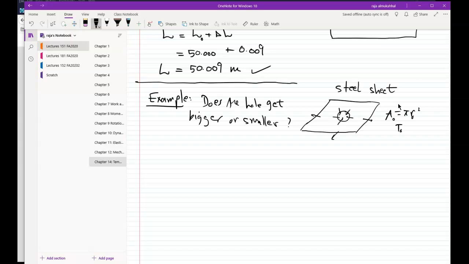We said that for linear expansion, if I have a linear object that is elongated, such as a rod or a measuring tape or something like that, so the expansion, if I want to measure it, it is alpha, the expansion coefficient, times the original length times delta T, the difference between the two temperatures.